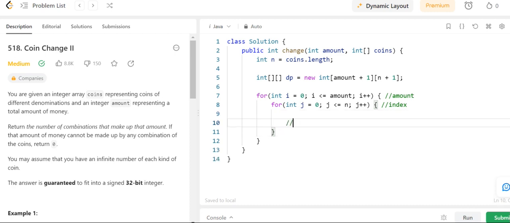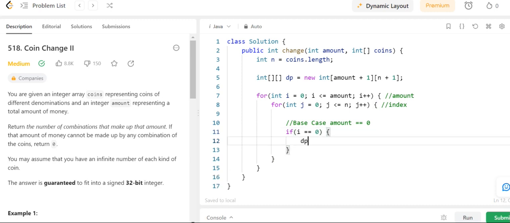And then our base case, what happens? If amount is equal to 0, so the first base case is amount is equal to 0. So if i is equal to 0, then dp of i, j is equal to 1.